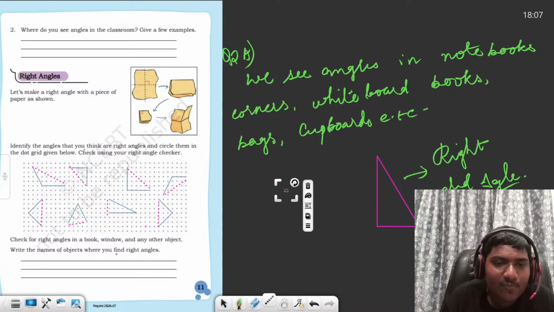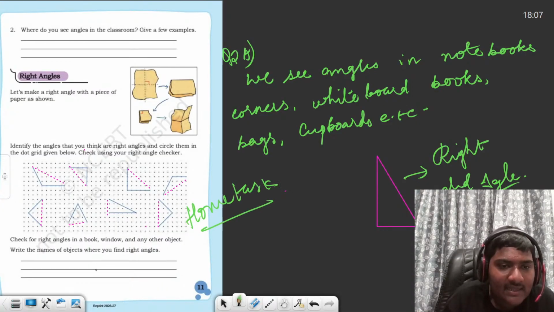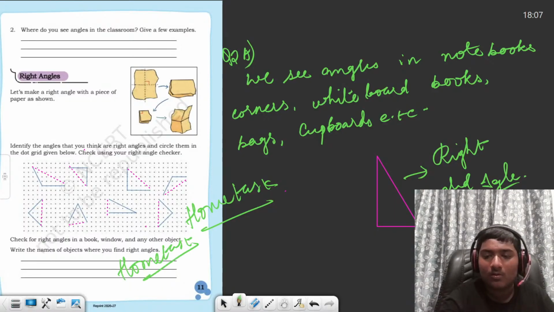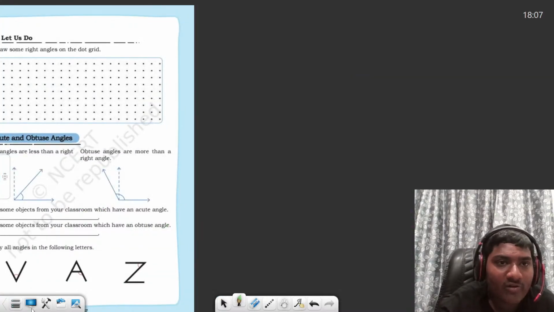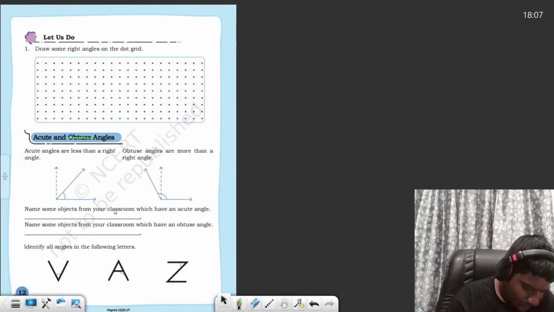Check for the right angles in a book, window, and any other object. This will be your homework, home task. Write the names of objects where you find right angles. This will be also your home task. Yes, now let us do some right angles on the given grid. Okay.